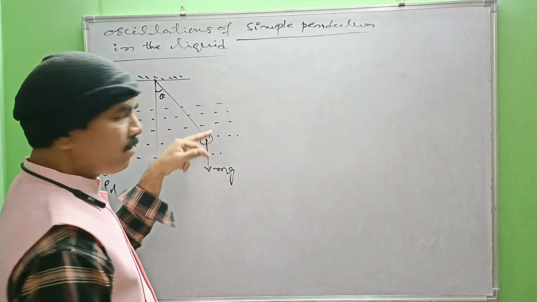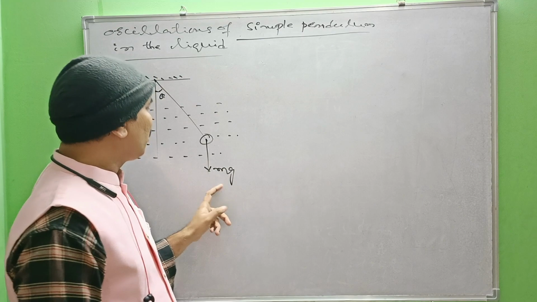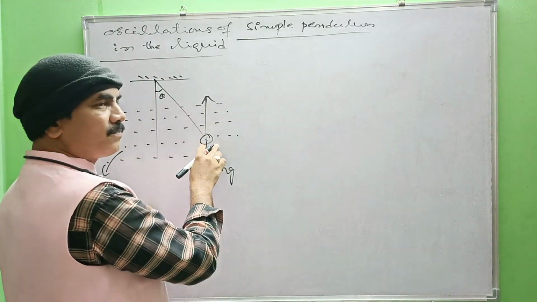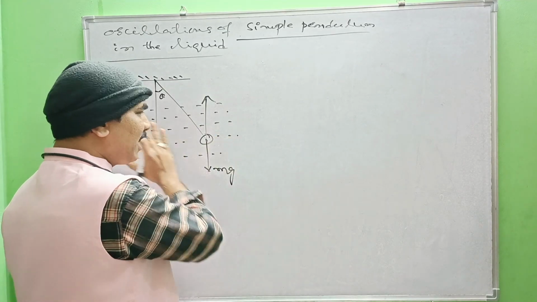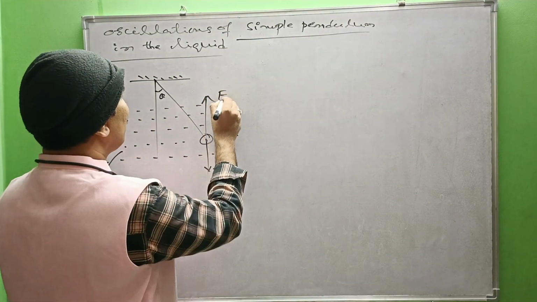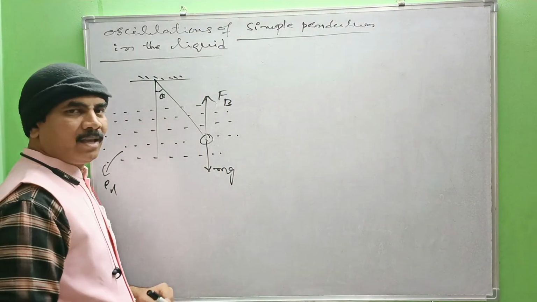What is the direction of the force of buoyancy? Always opposite to the weight, so upwards. The bob is acted upon by the force of buoyancy, that is FB. How do we measure it?